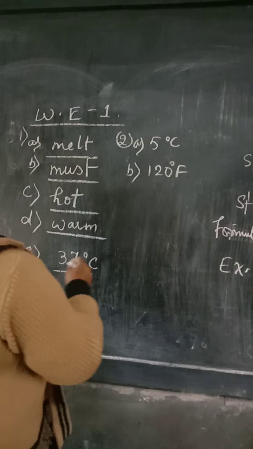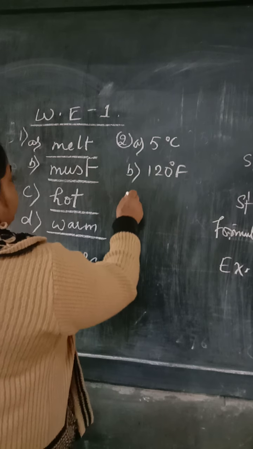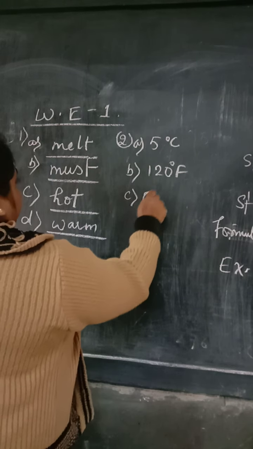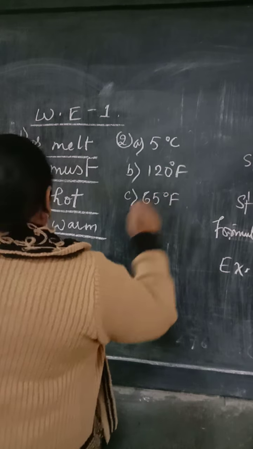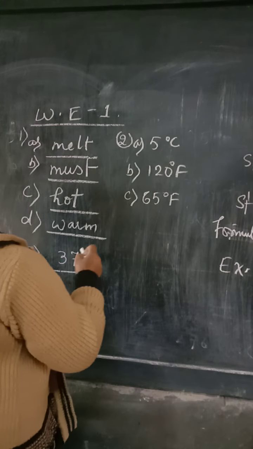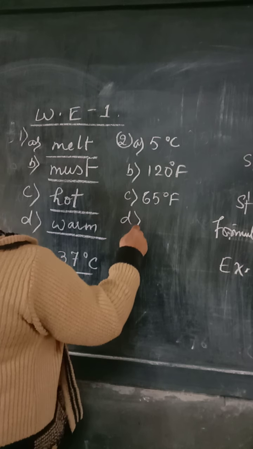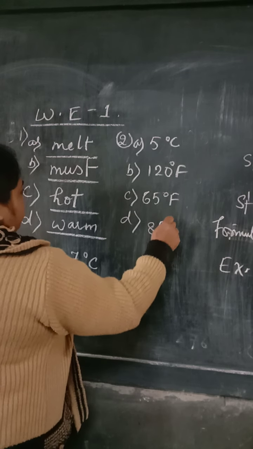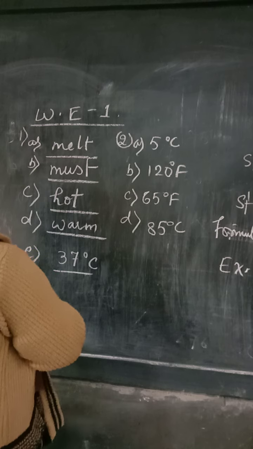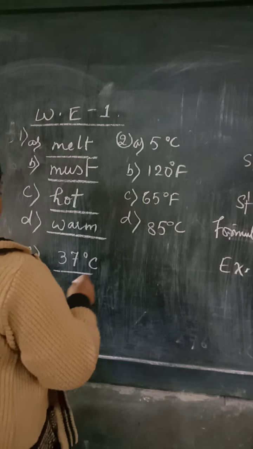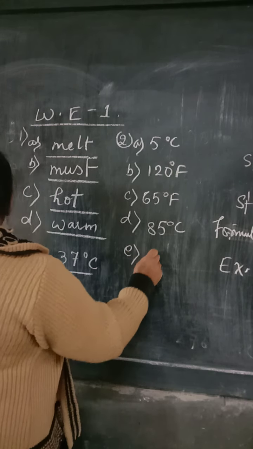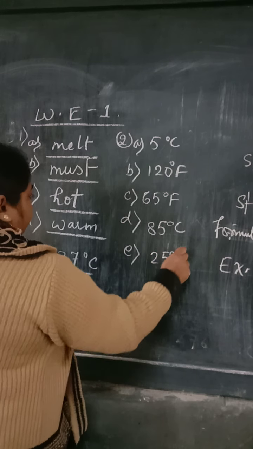Ice cream, 65 degrees Fahrenheit. It should be. Cup of soup, 85 degrees centigrade. You could make a snowman at a temperature of 25 degrees Fahrenheit.